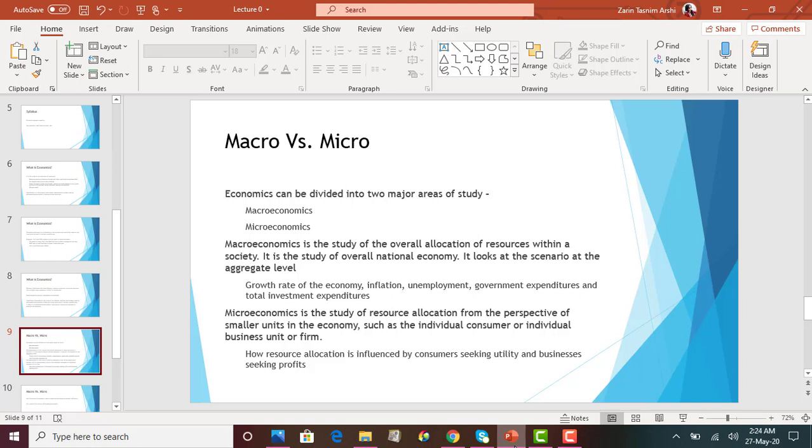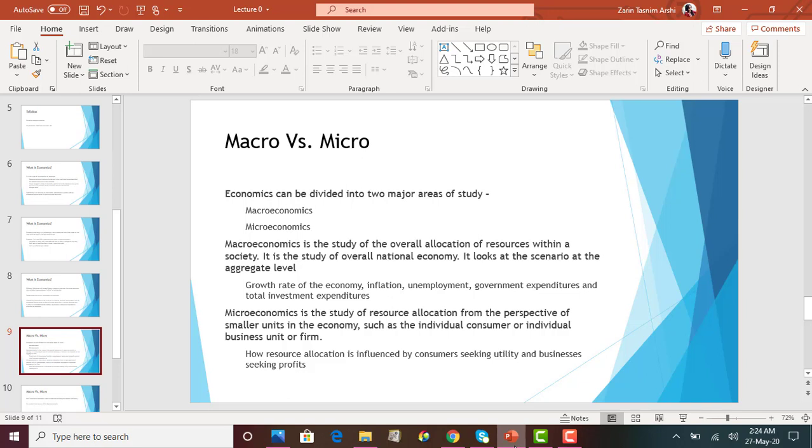Some of the macroeconomic terms that we're going to learn in this class are economic growth, inflation, unemployment, government expenditure, and total investment. These are all items that are categorized under macroeconomics, and these are items that are related at the aggregate level, to groups.